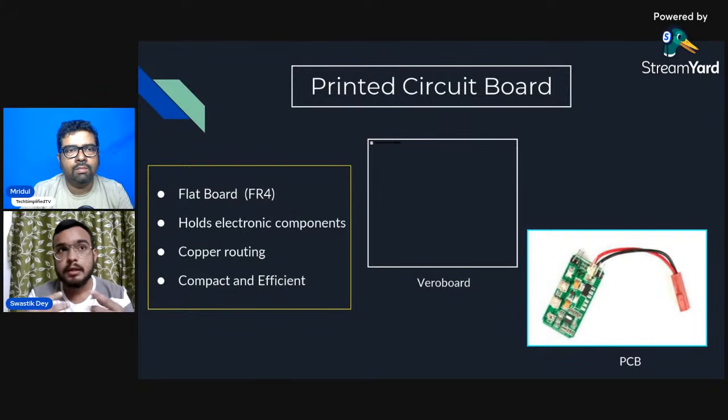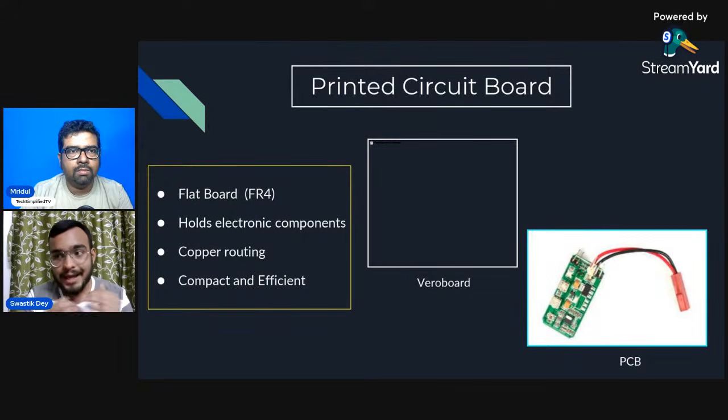The first reason is that Vero boards are extremely costly when we go for mass production. PCBs are very efficient for mass production, but Vero boards are too complicated and too costly.